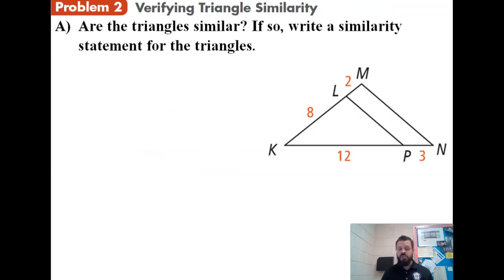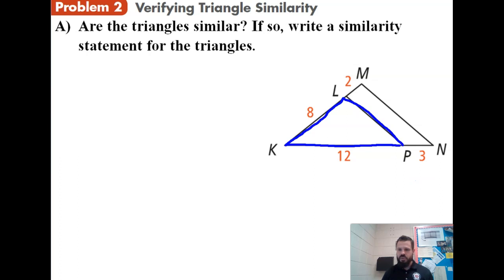Let's go ahead and use those theorems, or those shortcuts, to determine whether or not we're looking at similar triangles. So problem 2, same idea. Are the triangles similar? If so, write a similarity statement for the triangles. Here I've got two triangles, the smaller KLP within the larger KMN.